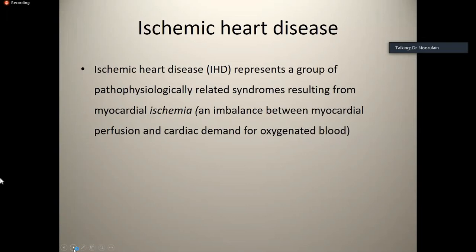Ischemic heart disease represents a group of syndromes resulting from myocardial ischemia. It is an imbalance between the myocardial perfusion of blood and the cardiac demand for oxygenated blood. It is an imbalance.